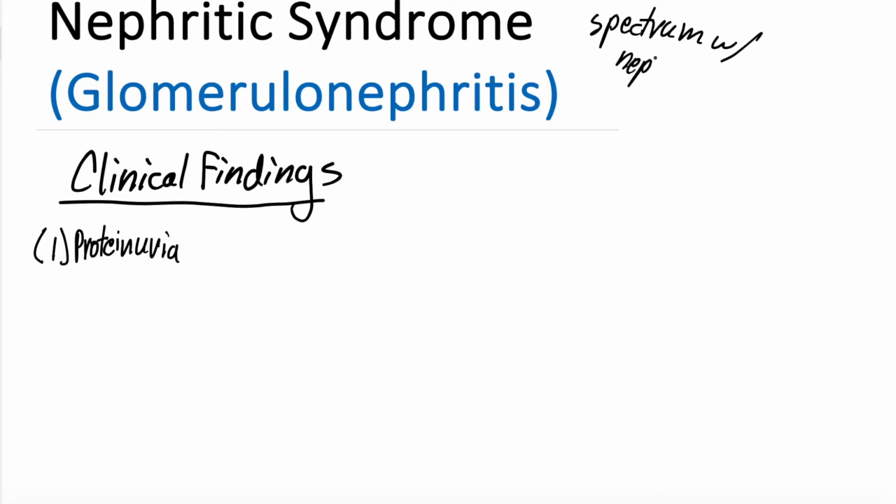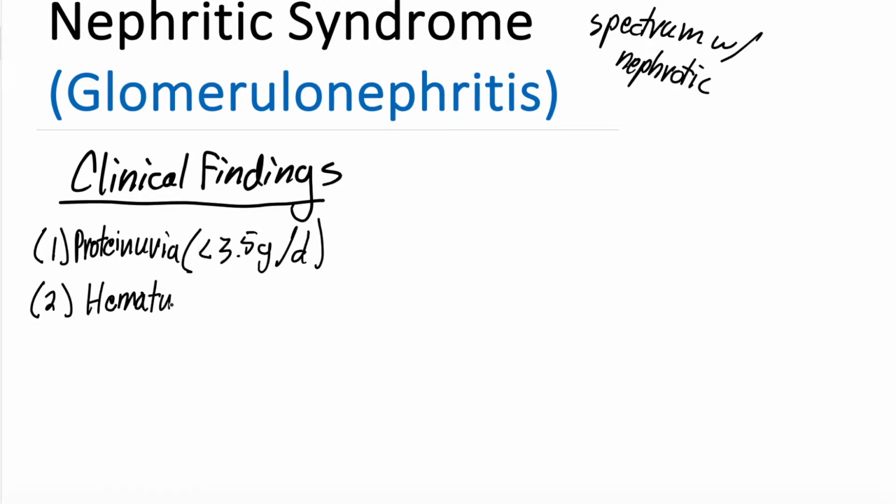You can actually have nephrotic range proteinuria with nephritic syndrome, but typically in nephritic syndrome, your proteinuria is less than 3.5 grams per day. And if you remember in the nephrotic syndrome lecture, that had greater than 3.5 grams per day. In addition to that, we're going to get hematuria or red blood cells in the urine.